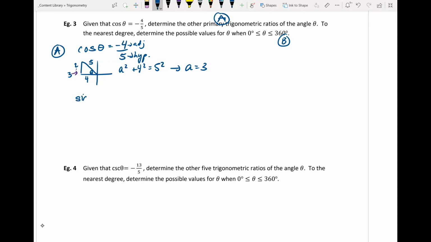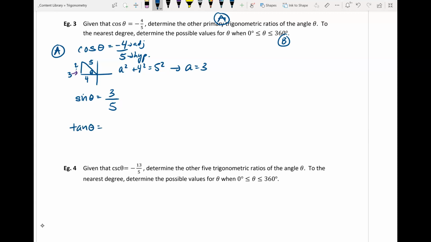So then if I'm looking for sine theta, we know sine theta is opposite over hypotenuse. And our opposite in this case is 3, and our hypotenuse is 5.